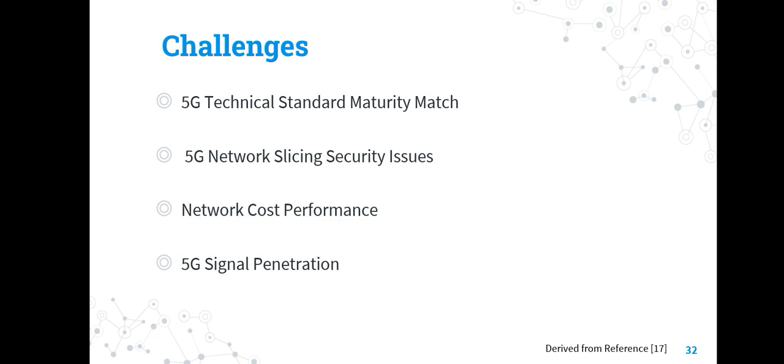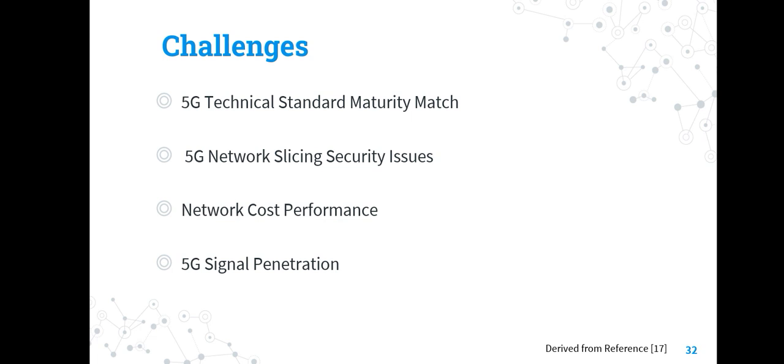So now let's look at some of the challenges faced in implementing 5G technology in power systems. The first one is the 5G technical standard maturity mismatch. We saw that 5G has a short history. 5G only started being implemented from 2010, whereas power systems have been developed since the 1880s.